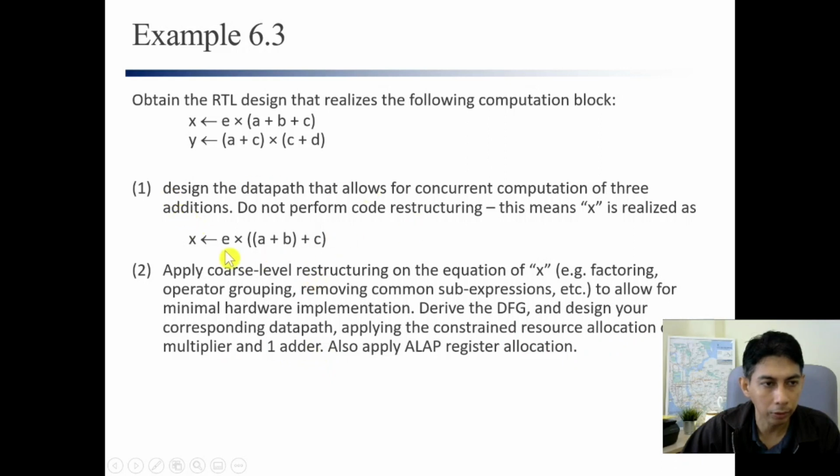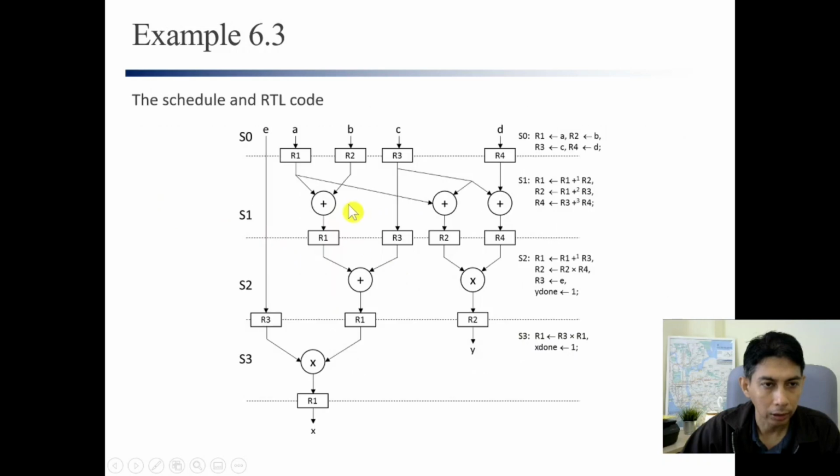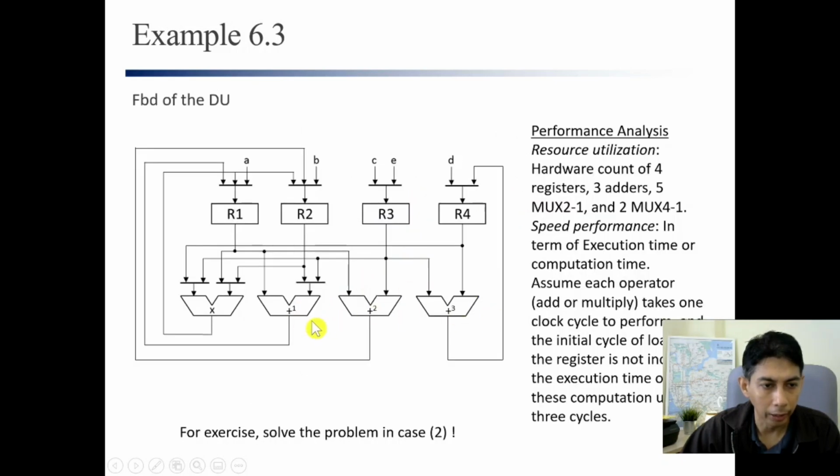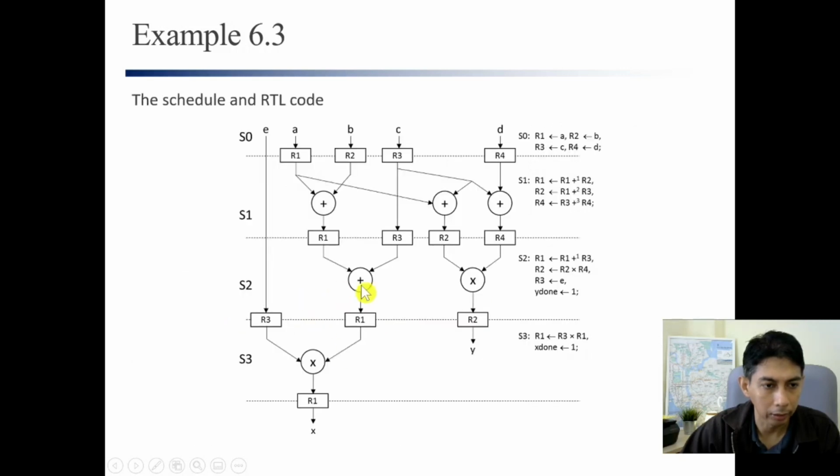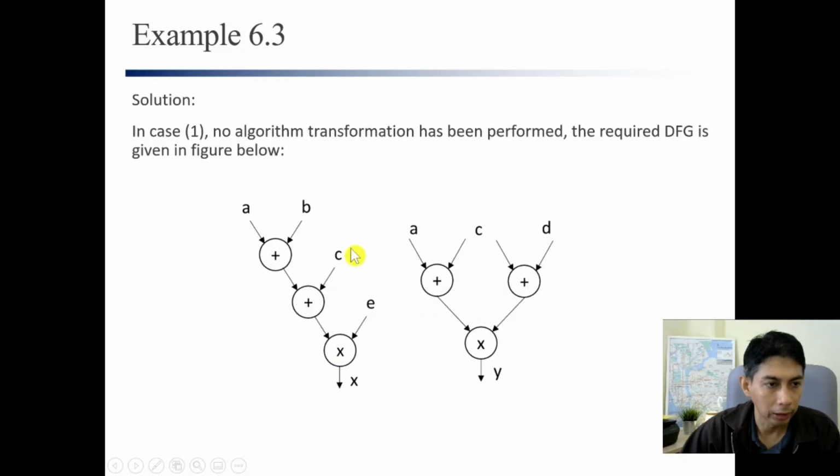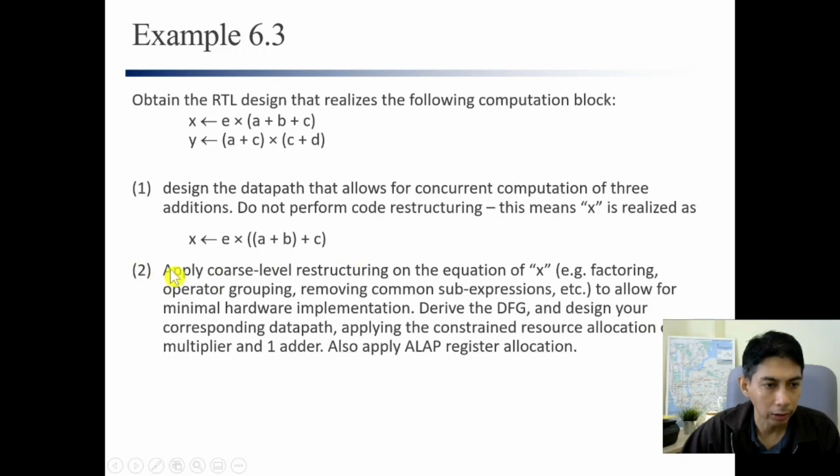Before this we don't have any constraint, where we can use up to 3 adders in one cycle, which means that we have 3 adder hardware here. We have 3 adders and 1 multiplier. But in this question, we constrain our design to have only 1 adder and 1 multiplier.